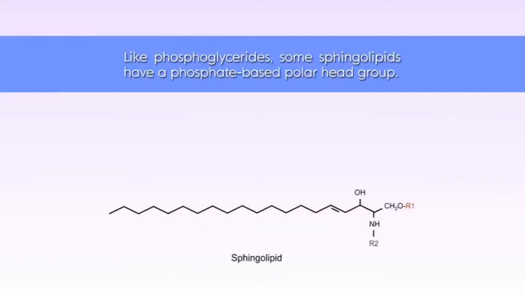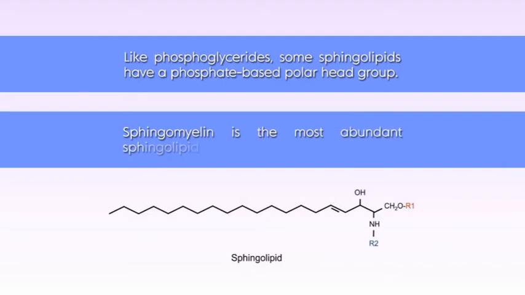Like phosphoglycerides, some sphingolipids have a phosphate-based polar head group. Sphingomyelin is the most abundant sphingolipid. Other sphingolipids are amphipathic glycolipids, whose polar head groups are sugars that are not linked via a phosphate group, and so technically they are not phospholipids.